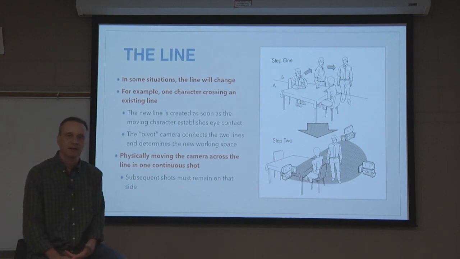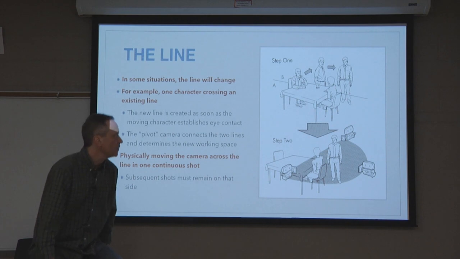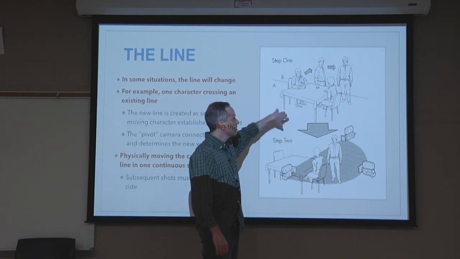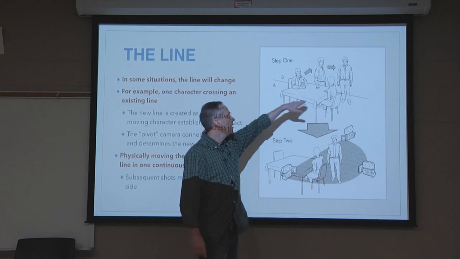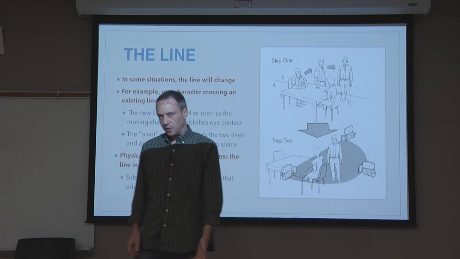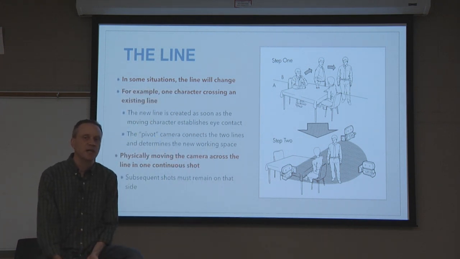Probably the best way, if you do need to cross a line, let's say, for example, we're in this situation right here, and maybe they don't get up and move. Maybe they're still here, but for some reason we need to see them from the other side. The best way to do that is to physically move the camera from one side to the other, but not just move it.